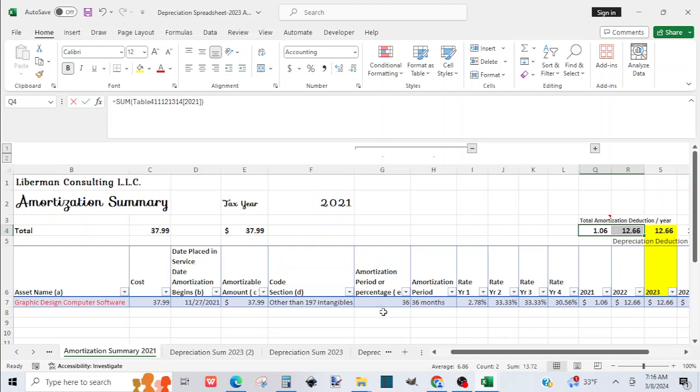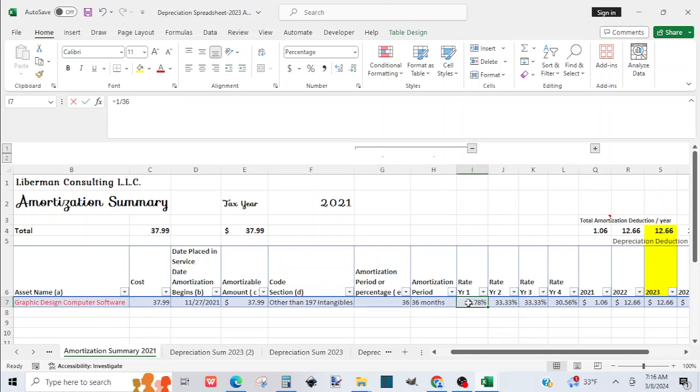So for your intangible asset, for the amortization period, you'll put how long they say to amortize it. For the 197 intangible, they say 180 months, so you'll put 180, or the percentage, and then the amortization period of 180 months.